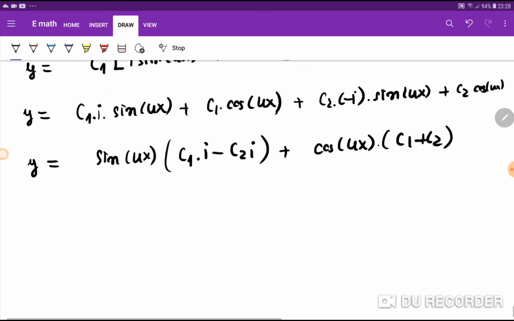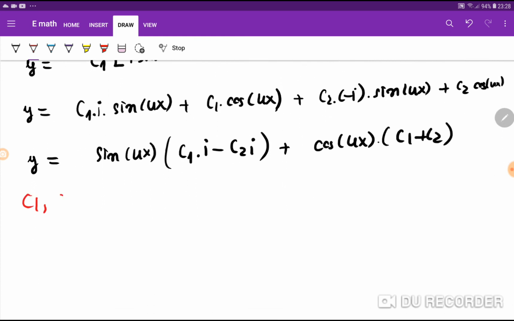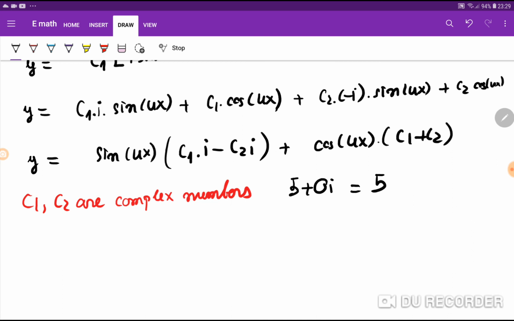Okay, and remember guys, c1 and c2 are complex numbers, and remember, a complex number can be a real number, because if you write a complex number like 5 plus 0i, it will be 5. So the imaginary part is gone. The complex number consists of the real part and the imaginary part.